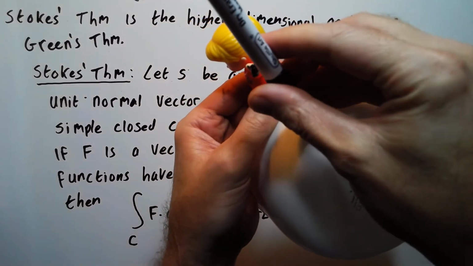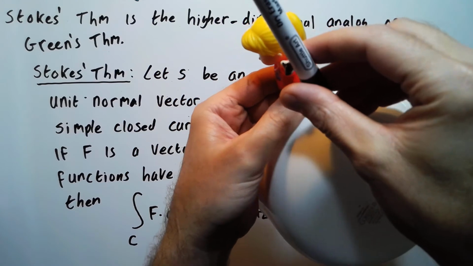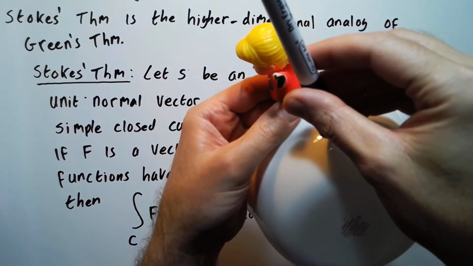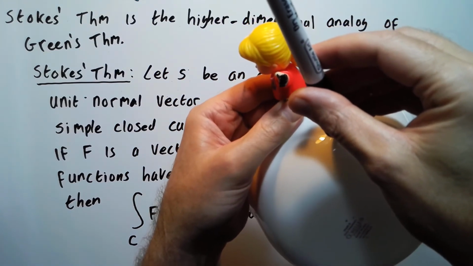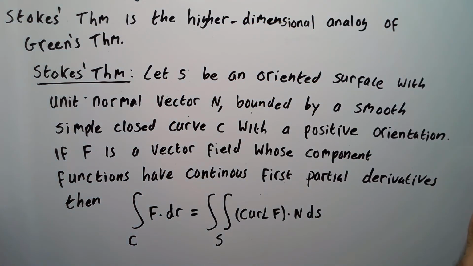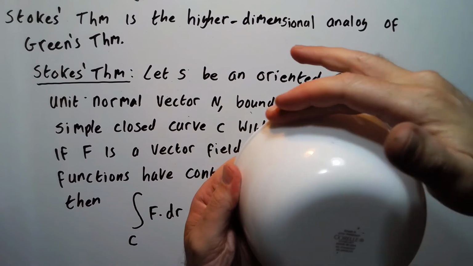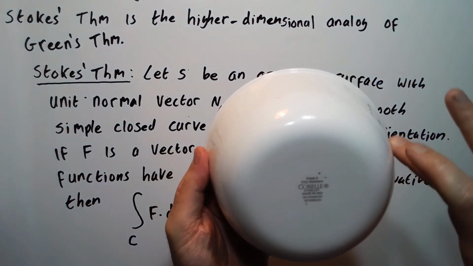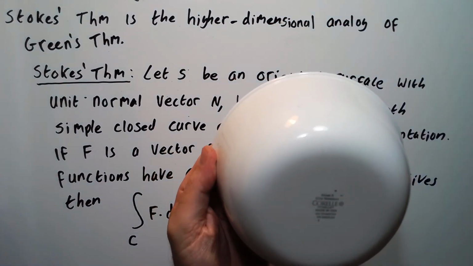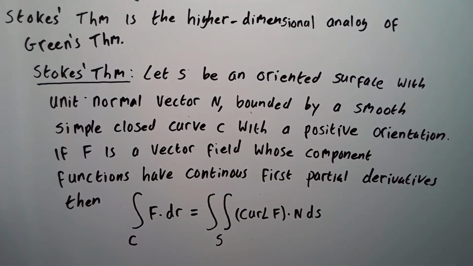It's the normal vector on your left side as you walk around with your head in the direction of the normal vector. In this case, going like this around the boundary would be positive orientation.